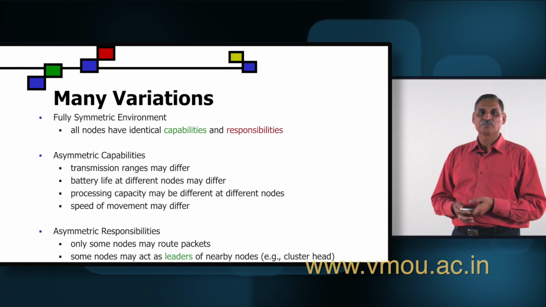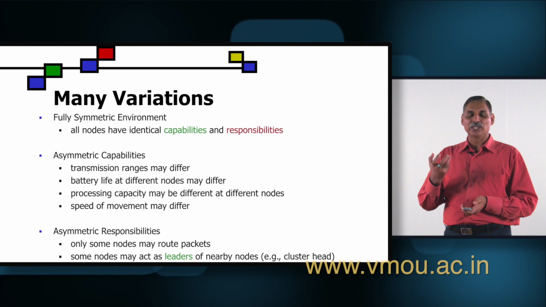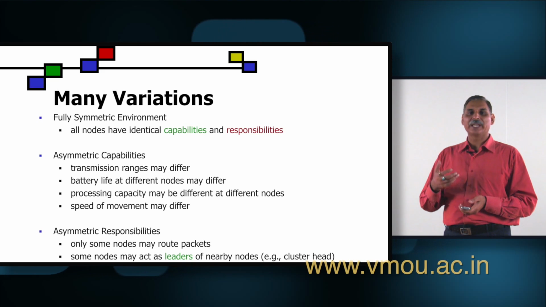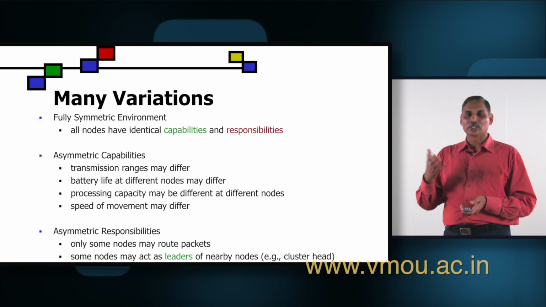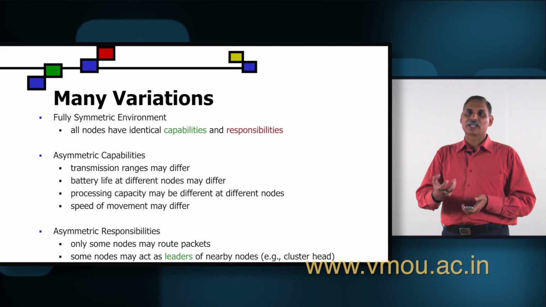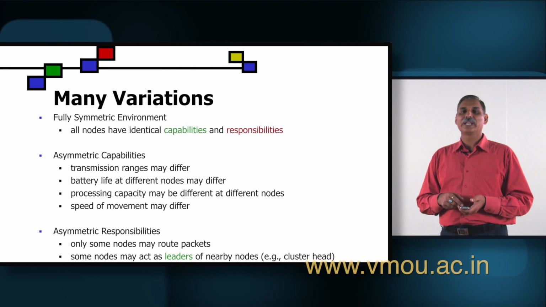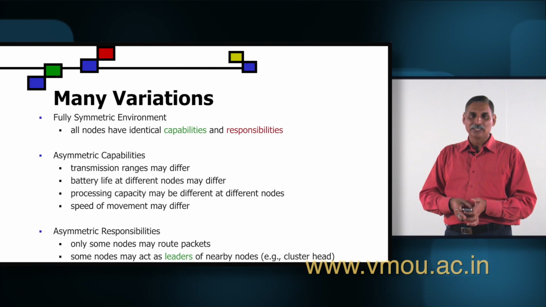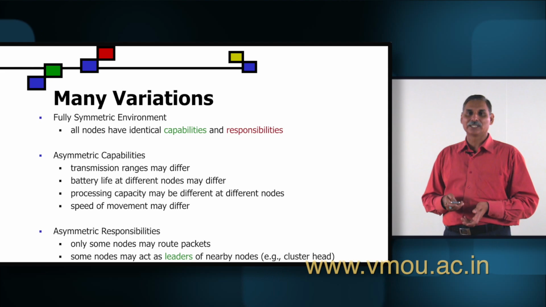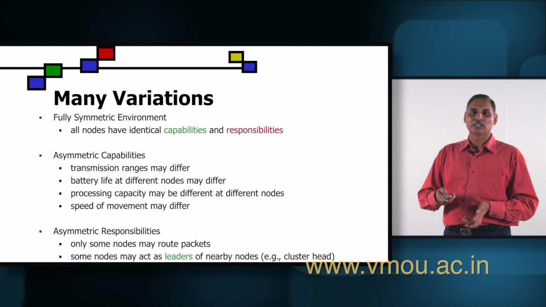Asymmetric responsibilities: only some nodes may route the packets, and some nodes may act as a leader of nearby nodes. If you use cluster routing, for example, we need a cluster head, which will have more information than the others, because it will need to perform additional tasks compared to the other nodes in that system.